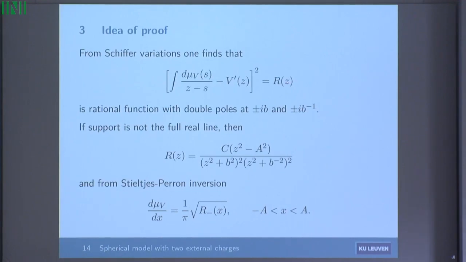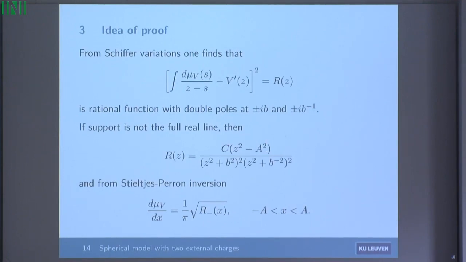You get some equations for the coefficients that you would need to make the numerator of your rational function R. Okay, you have to analyze that, but if the support is not the full real line, then what comes out of this analysis is that the numerator should be a quadratic expression, and because of symmetry, it's just z squared minus some number a squared times a constant.